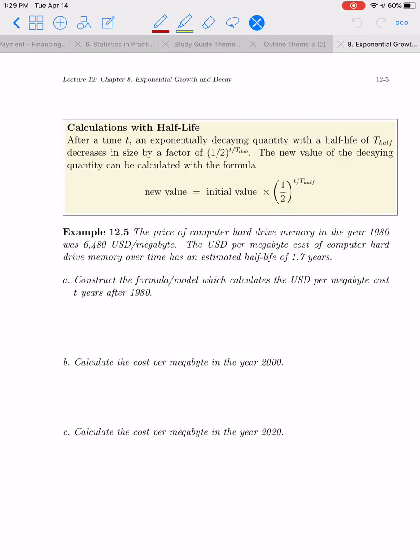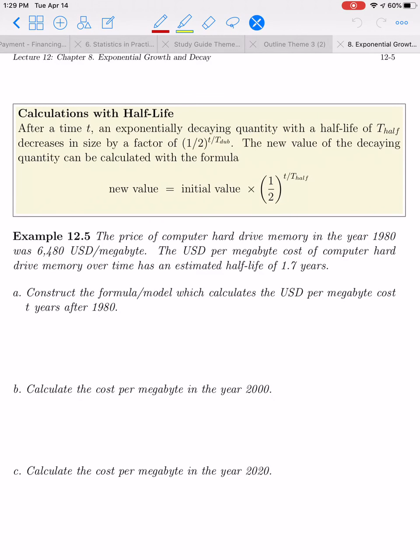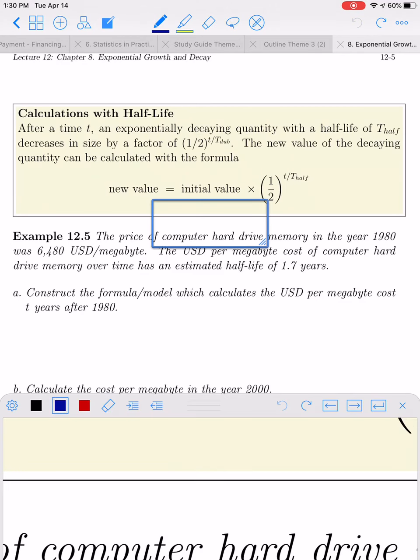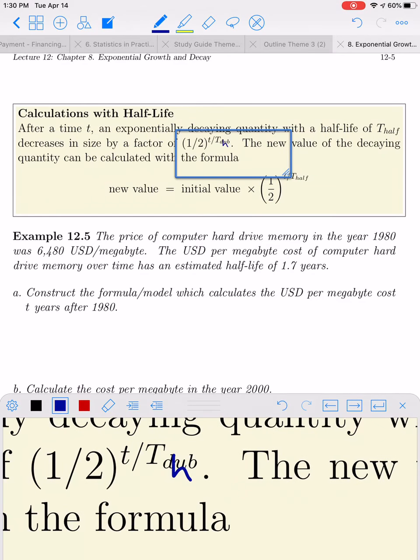Let's look at half-life. So half-life is very similar. It's just instead of growth, we have decay. So after a time t, an exponentially decaying quantity with a half-life of T half, just like T double, decreases in size by a factor of 1/2 to the time t over the doubling time capital T, or the half time capital T. Okay, this should actually be T half.